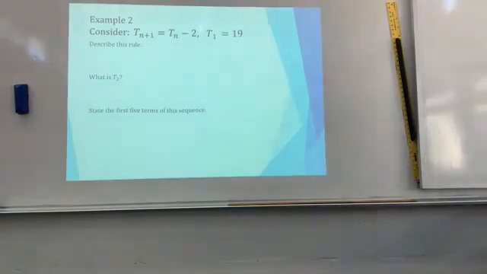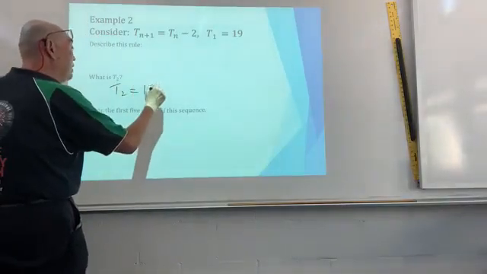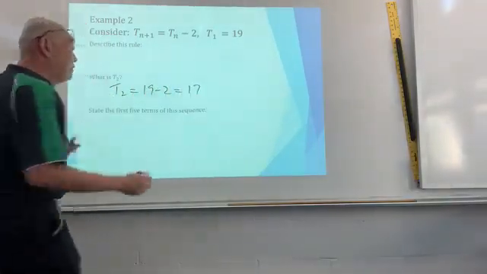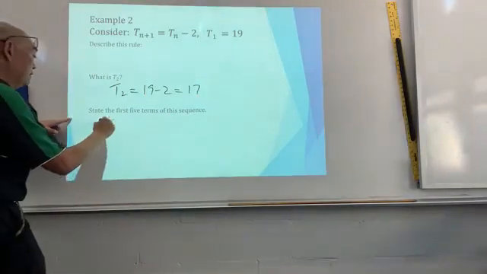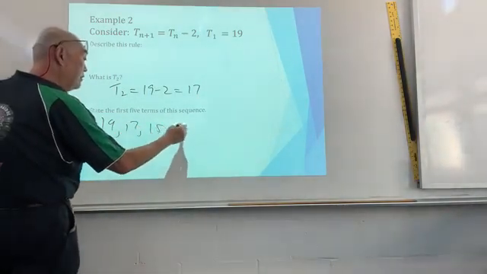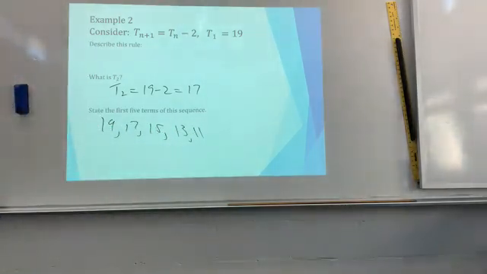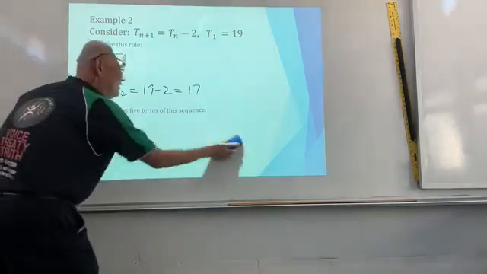T2 is therefore 19 minus 2, which is 17. First 5 terms: 19, 17, 15, 13, and 11. Pretty straightforward in this sort of example. You probably won't get something that simple in a test. All right, let's move on.